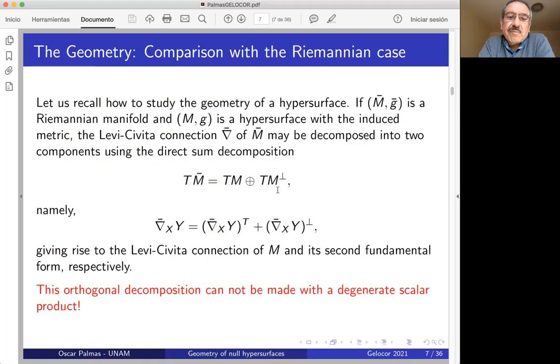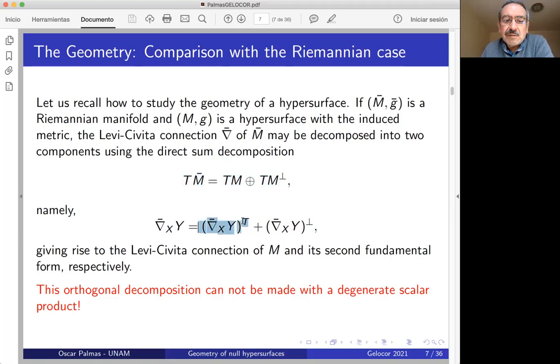So let's do some geometry. Just remember that in the case of a Riemannian manifold M bar and a hypersurface M, we have the Levi-Civita connection, nabla bar, and this connection applied to vector fields can be decomposed into two components because we have this direct sum decomposition.